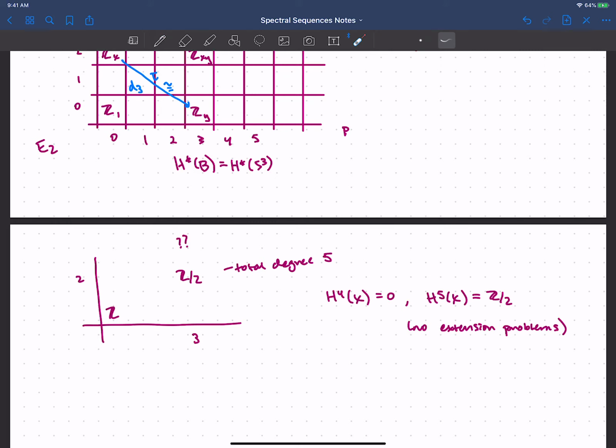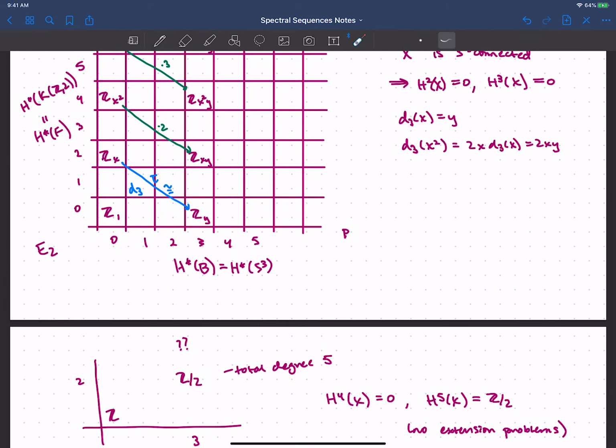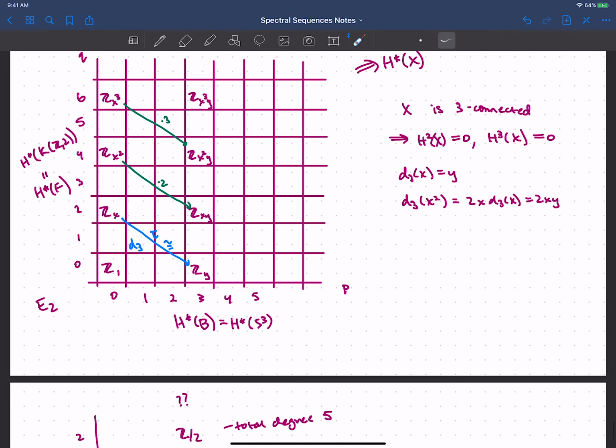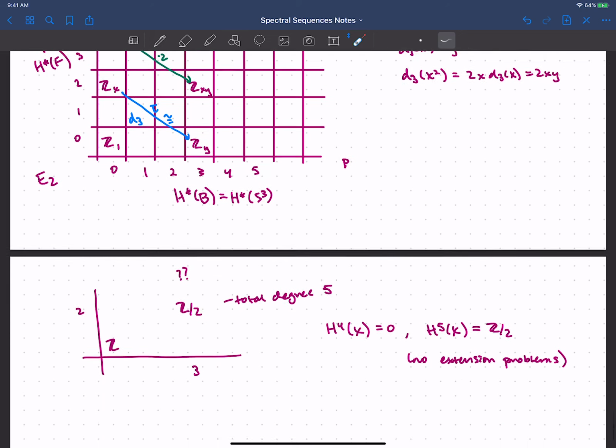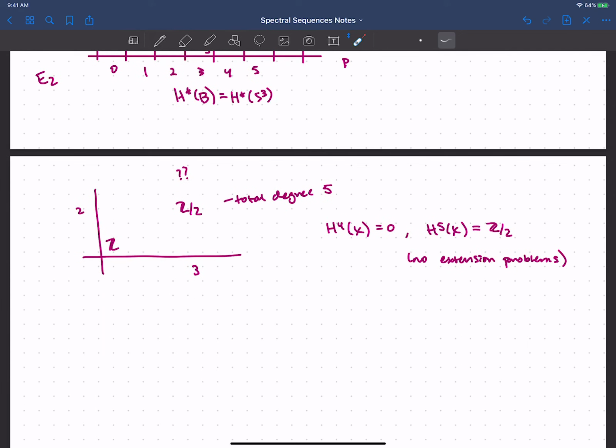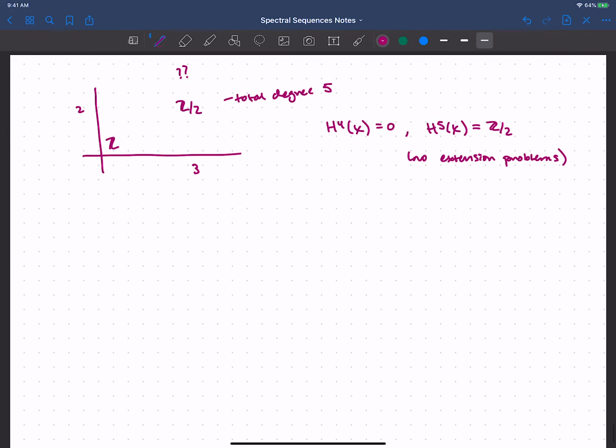I guess I should have said, though, that this Z mod 2 is going to persist to the E infinity page. Notice that there's nothing else that can hit it up there, and there's nothing over here. So it does persist to the E infinity page. Okay, great. So now we know something about the cohomology of this space X.